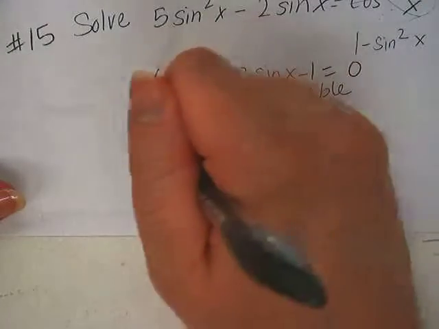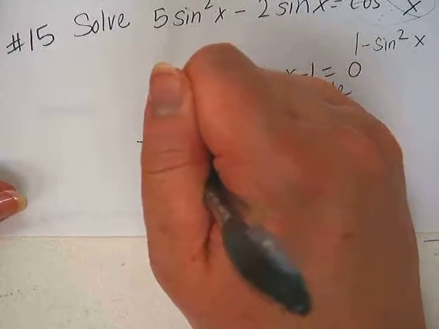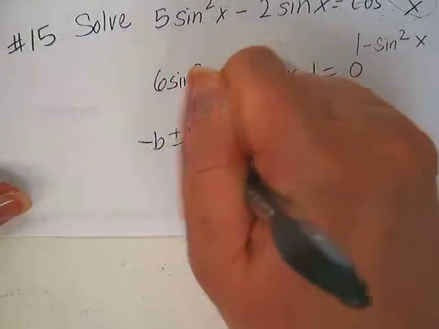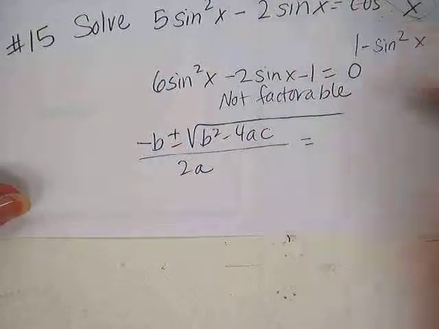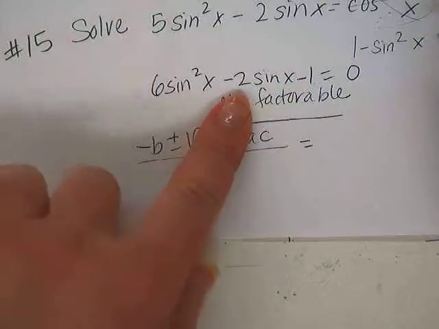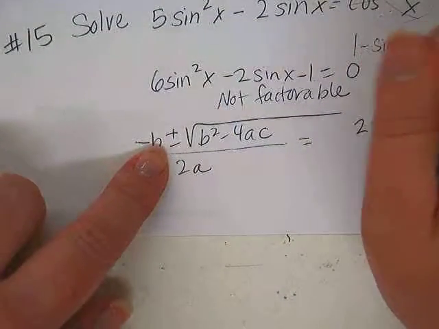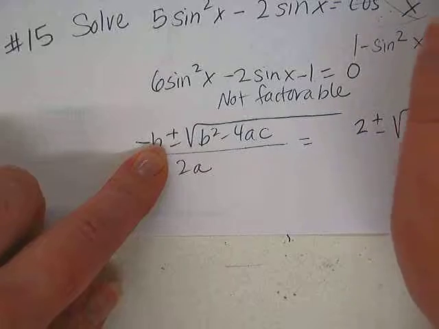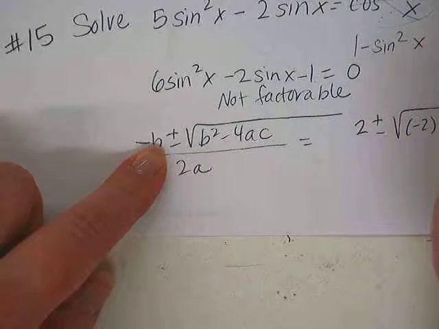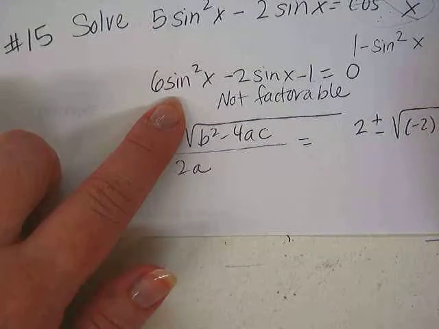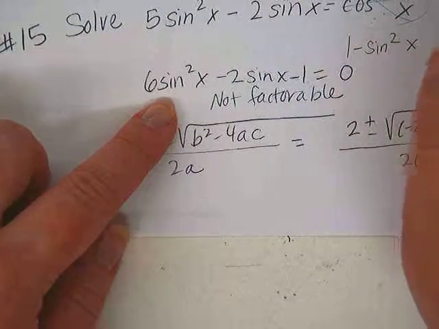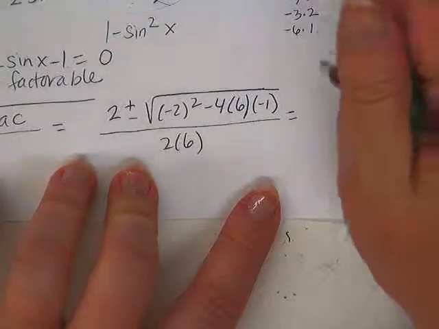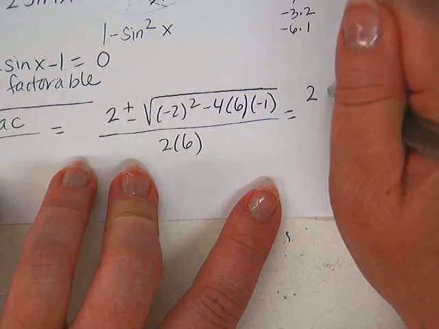That doesn't mean it doesn't work, it's just not factorable. So we're going to go with x equals negative b plus or minus square root of b squared minus 4ac all over 2a. We plug in b is negative 2, so positive 2 plus or minus the square root of negative 2 squared minus 4 times 6 times negative 1, all over 2 times 6.